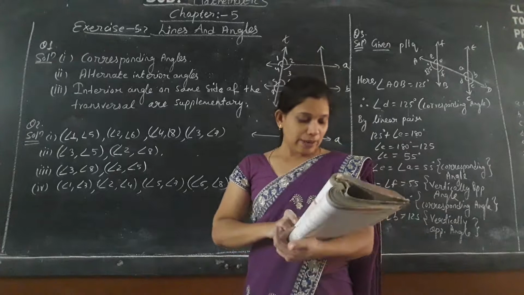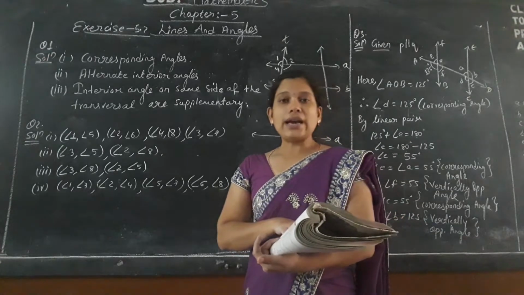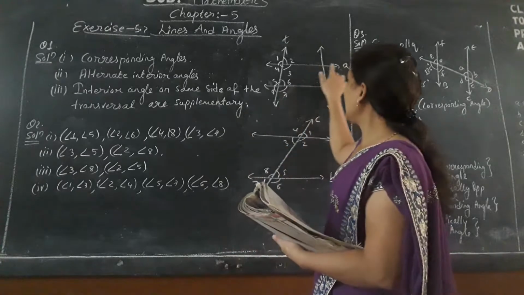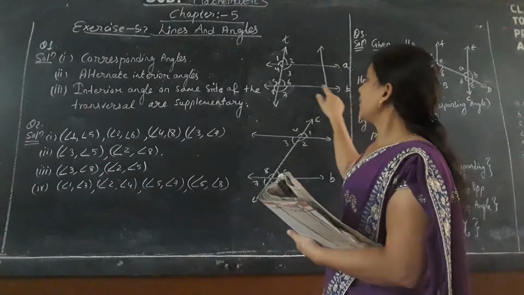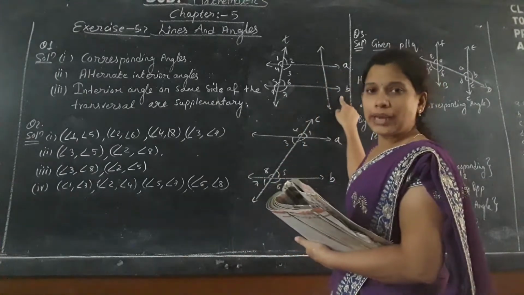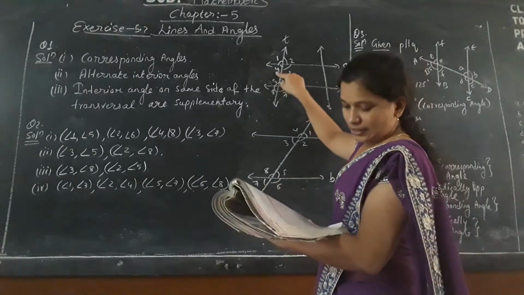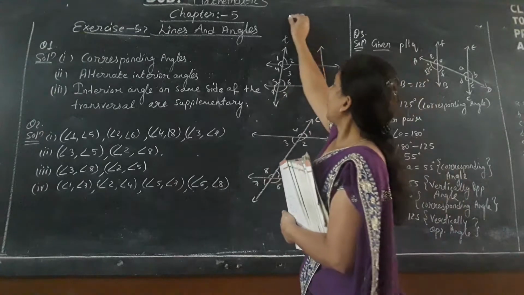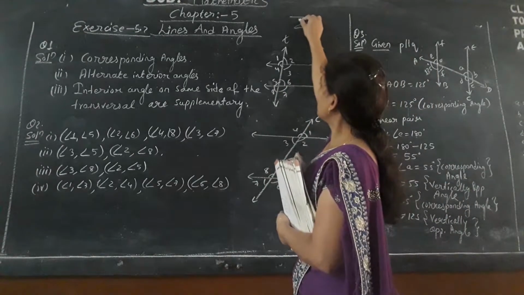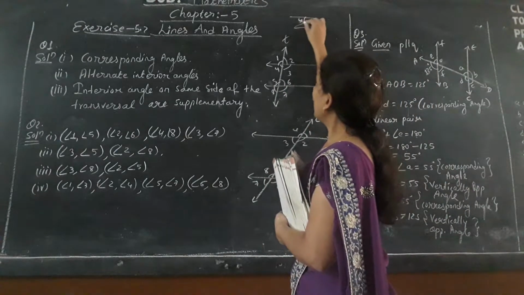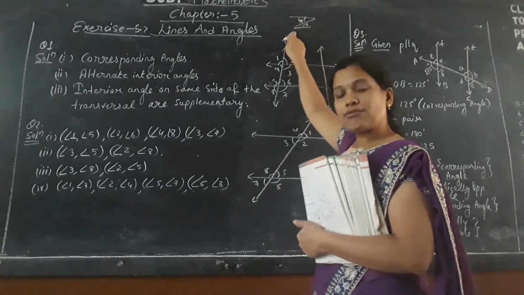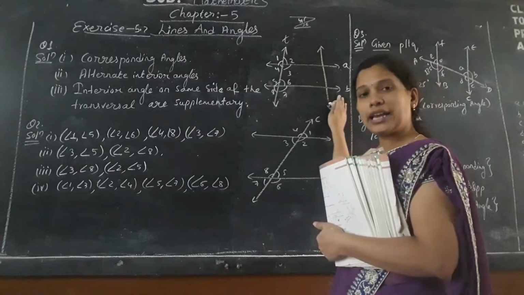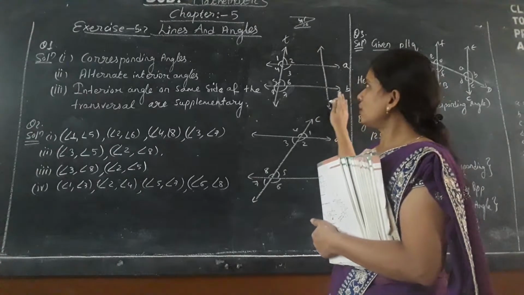Clear? Second part of the question: if angle 4 is equal to angle 6, then line A is parallel to line B. You can see angle 4 and angle 6. Why are they equal, and if they are equal, why are line A and line B parallel?